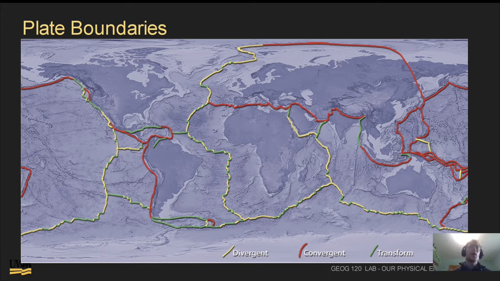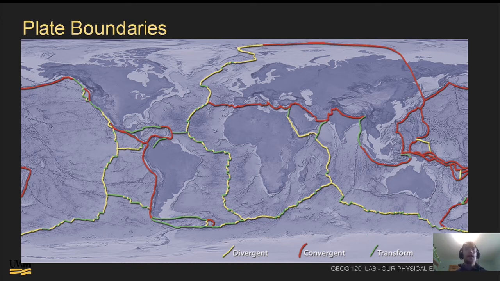Versus if you have an oceanic plate combining with a continental plate, when they converge or come together, the oceanic plate, because it's so thin and so much lower, just naturally wants to go underneath, or subduct under, the continental plate.